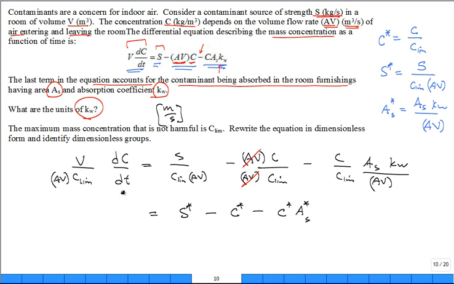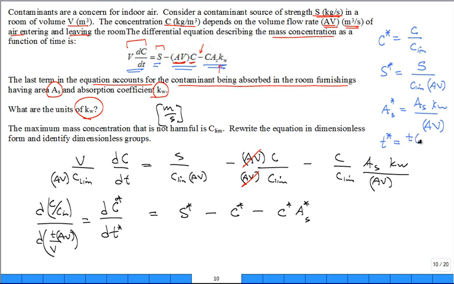I'll do this in 2 steps. I'll say derivative of C divided by C limit, divided by time, divided by volume of the room, AV, volumetric flow rate. And really what that is is C asterisk divided by T asterisk, where T asterisk is defined as the physical time times the volumetric flow rate divided by the volume of the room.